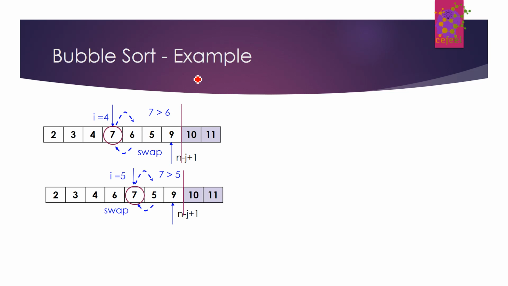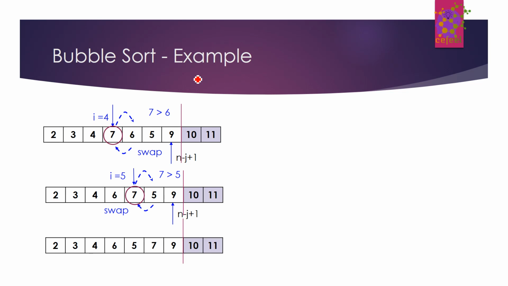So we'll swap 5 and 7, and then we have I equals 6 now, and the maximum element till now, 7, is at the 6th position. Cool. Now let's compare A[I] with A[I+1]. Notice 7 is less than 9, there is no need to swap.